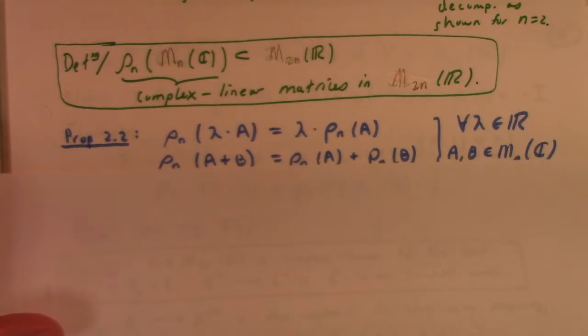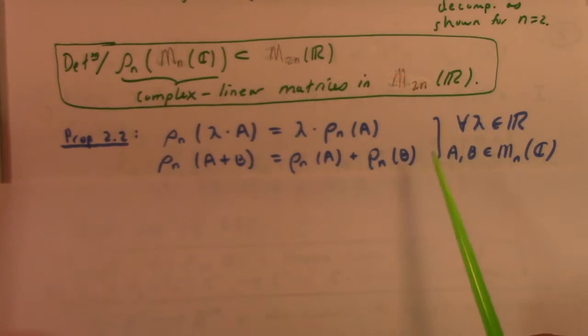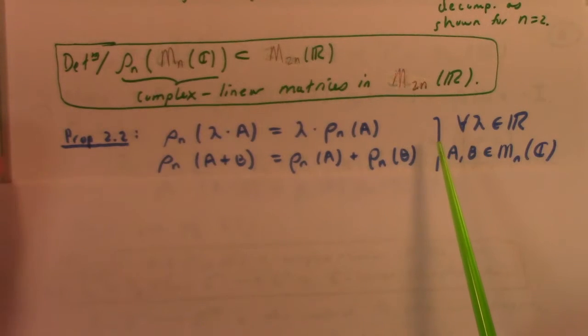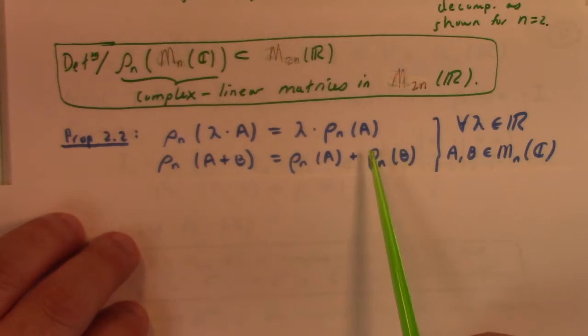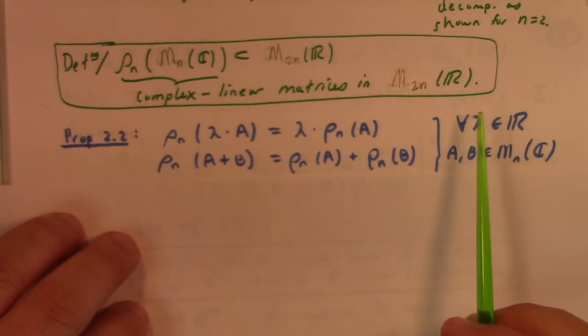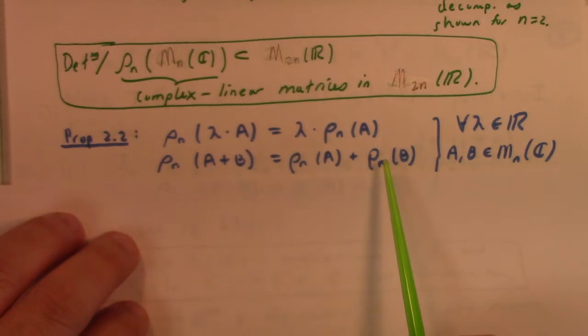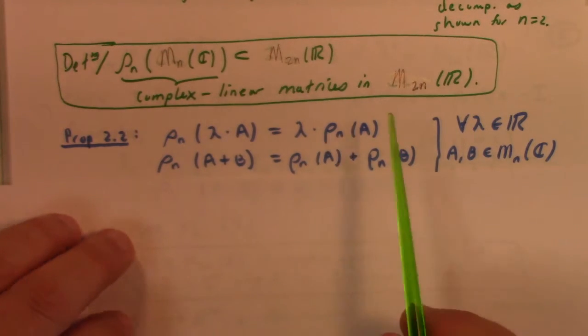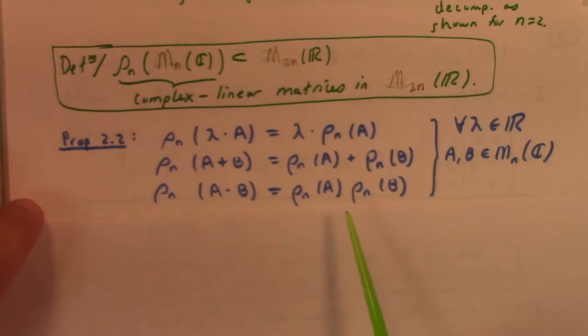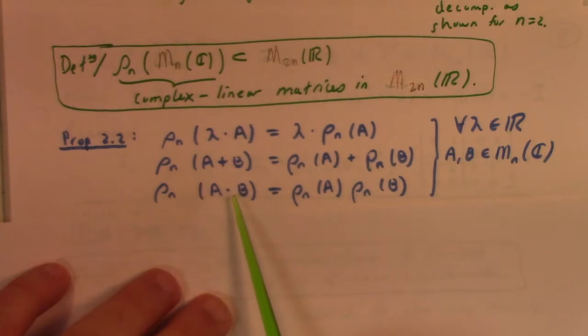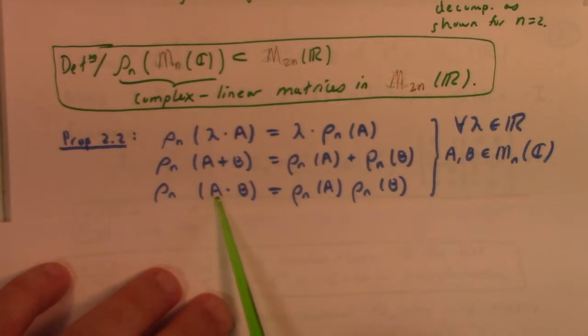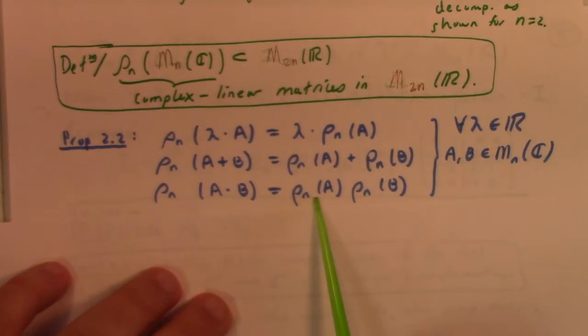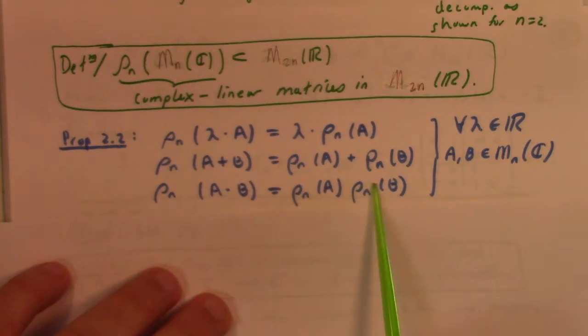Now, there are some very nice properties for this row n map. It's a linear map with respect to the real vector space structure. It's additive, and you can pull real scalars out. But here's the kicker: it is a homomorphism from the multiplication of complex matrices to the corresponding multiplication of larger real matrices.